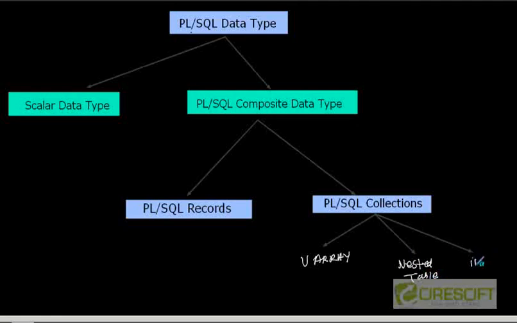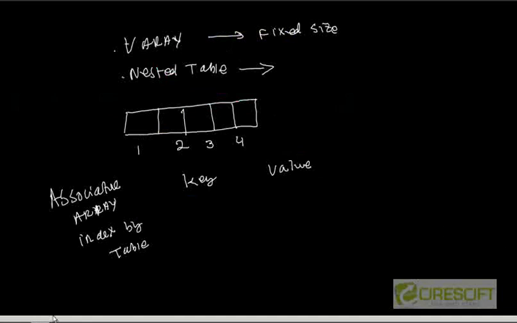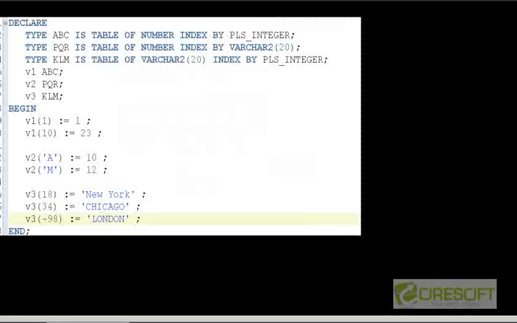Now we are discussing index by table or associative array. What essentially this does is store a key value pair, and this key is a unique key. We are going to show you in some examples how this index by table is created.